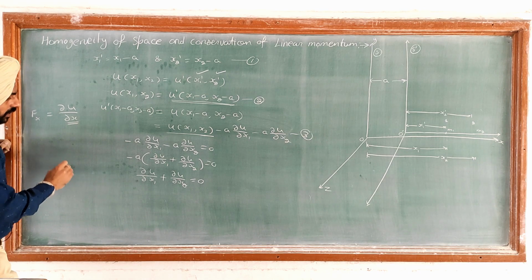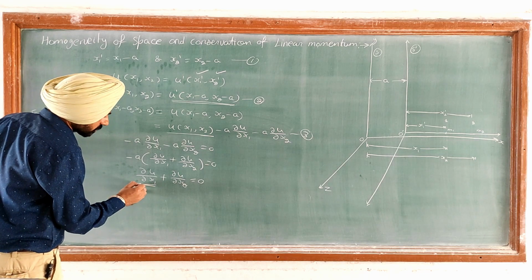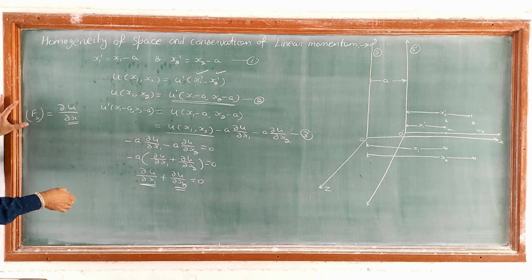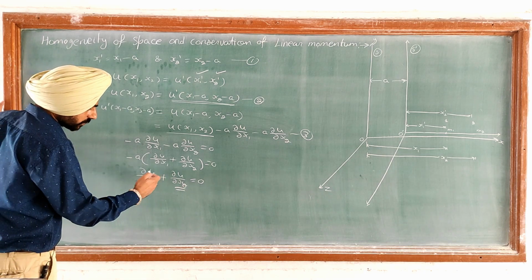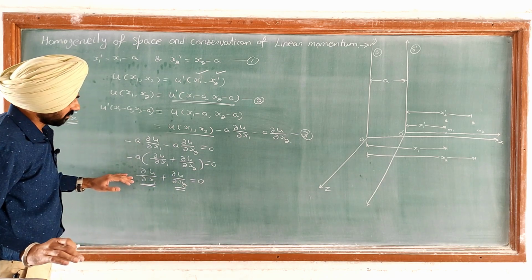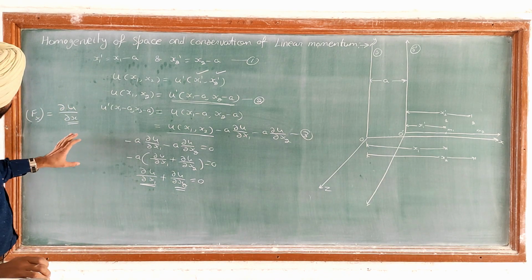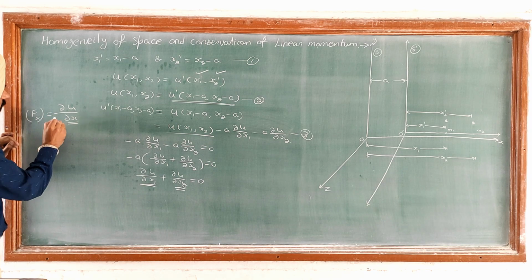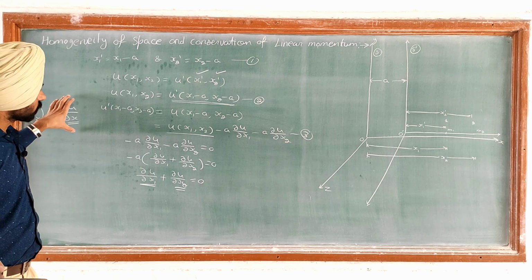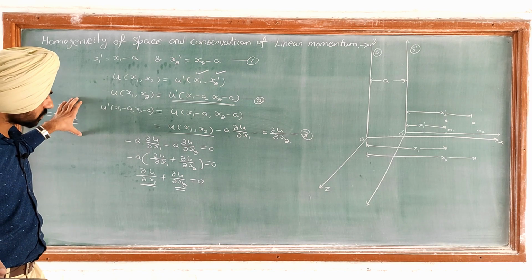Now for x1 and x2, this will represent the force on particle 2 or on particle 1 due to particle 1 or particle 2 respectively. So we write force as the negative gradient of some scalar function if forces are conservative in nature. You can go through the previous lecture on conservative forces for this.